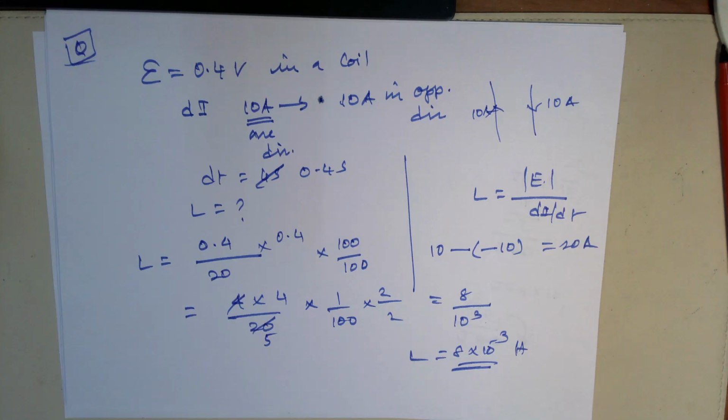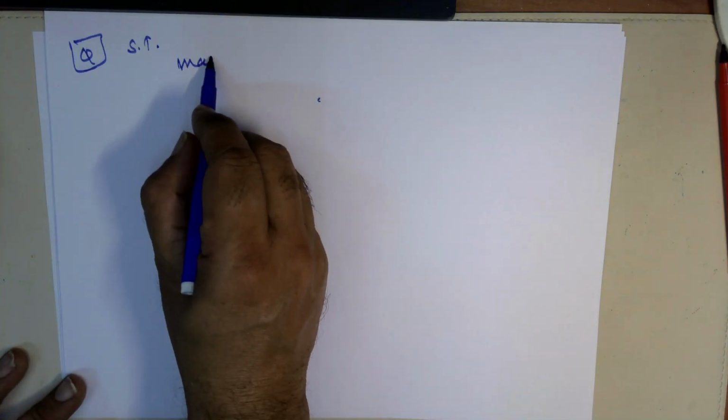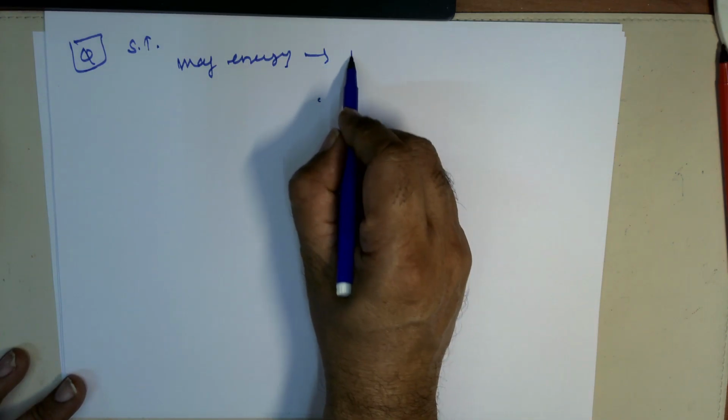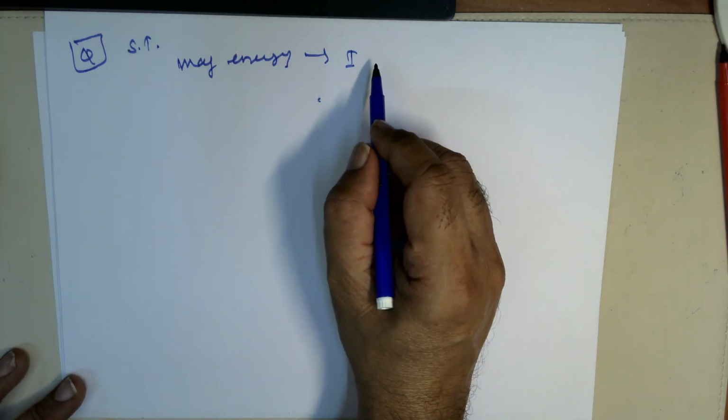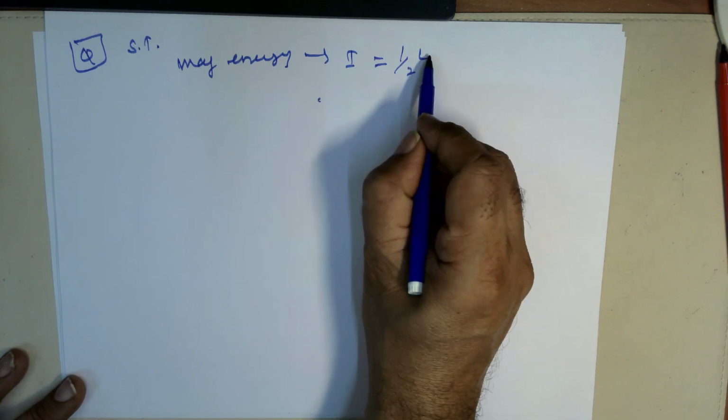Next question. Show that the magnetic energy required to build up the current I in the coil of self-inductance L is given by half Li square.